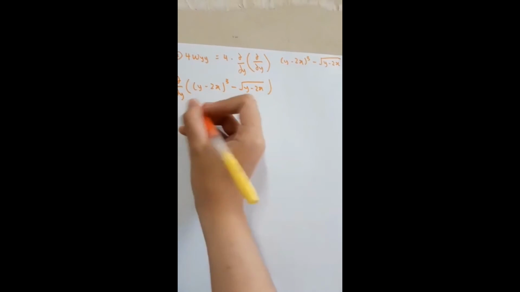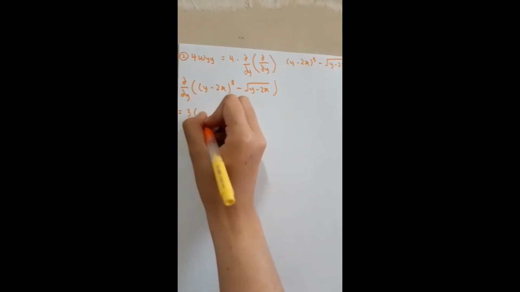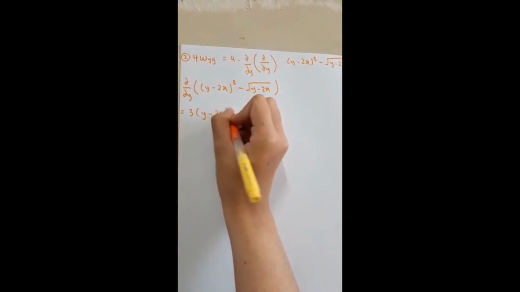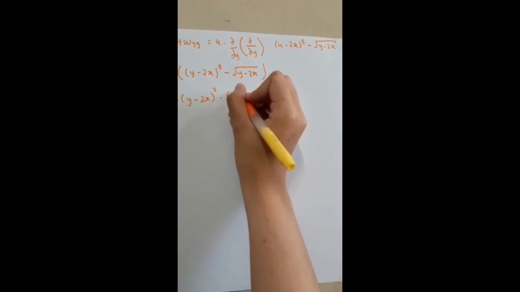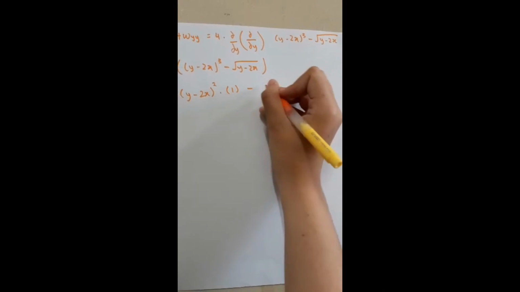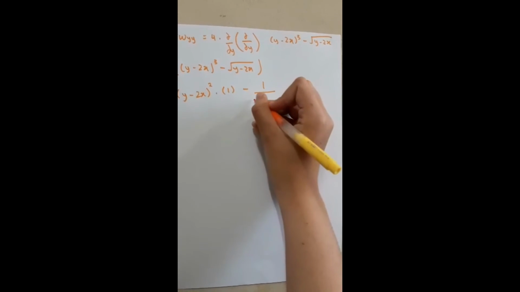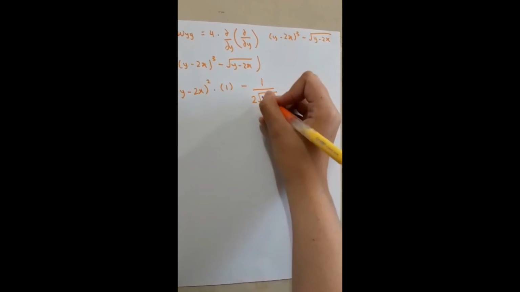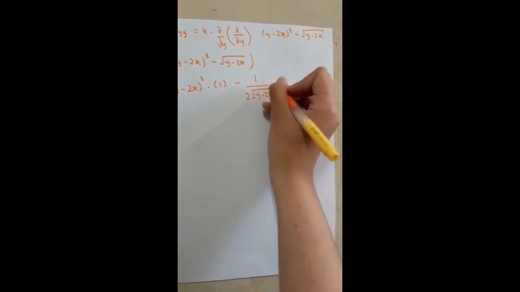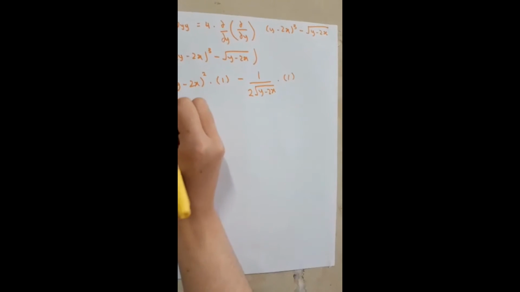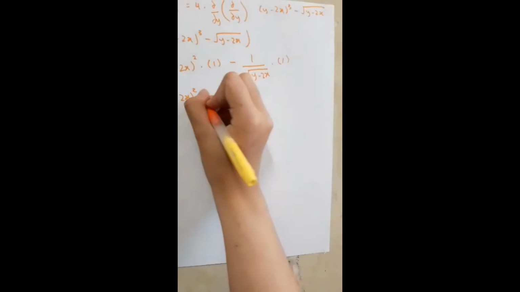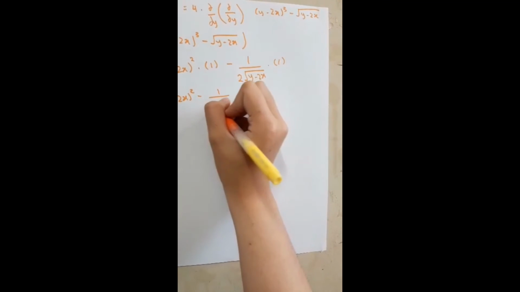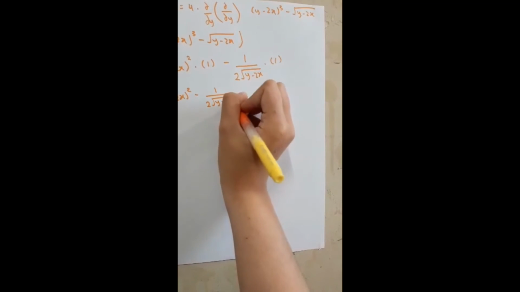Okay, so the answer will be 3(y minus 2x) squared minus 1 over 2 square root of (y minus 2x).